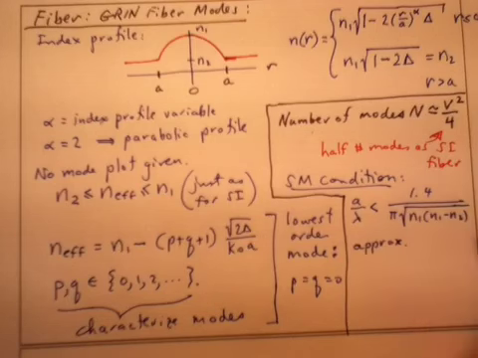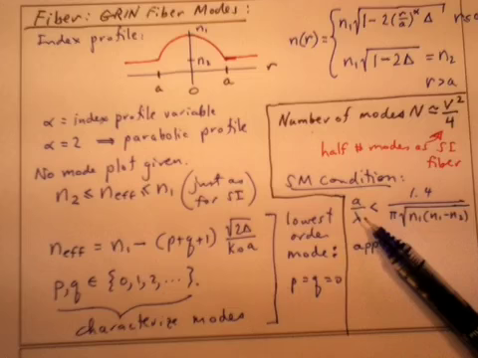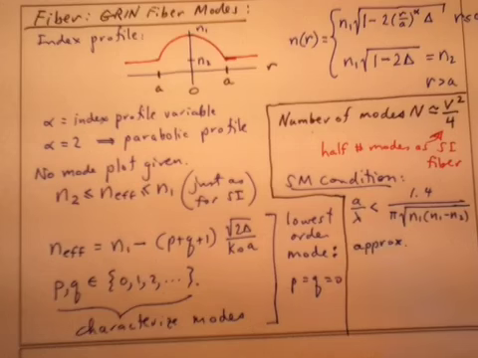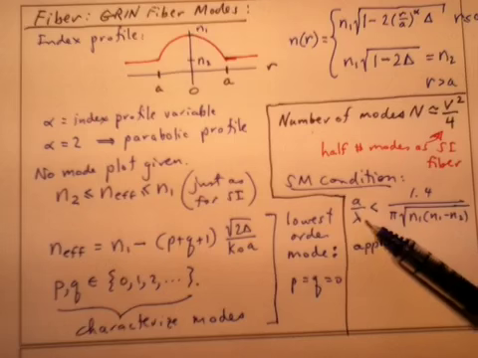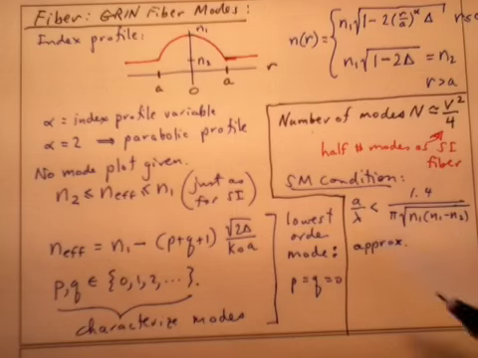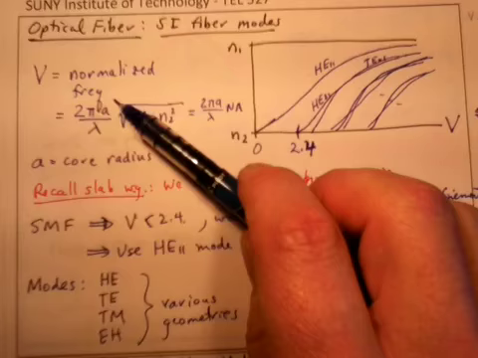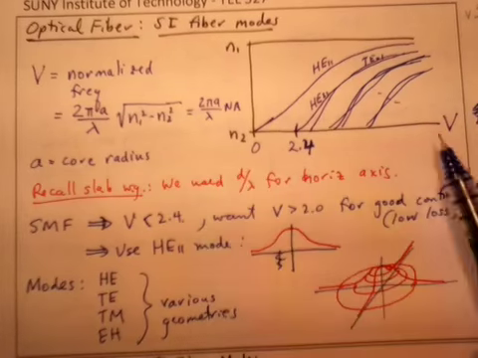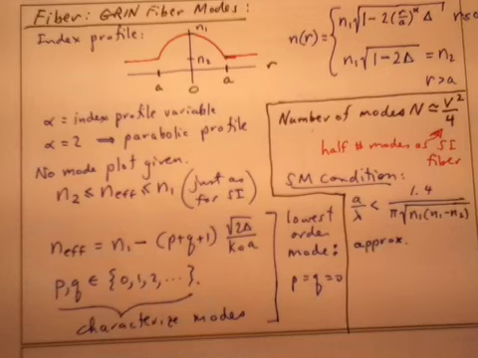But it is at least in terms of a ratio a over lambda, which is familiar to us from our slab index plots, and it's also familiar as a term which is more or less in the normalized frequency, which is the horizontal axis here. Okay, so that's the approximate equation for the single mode condition.